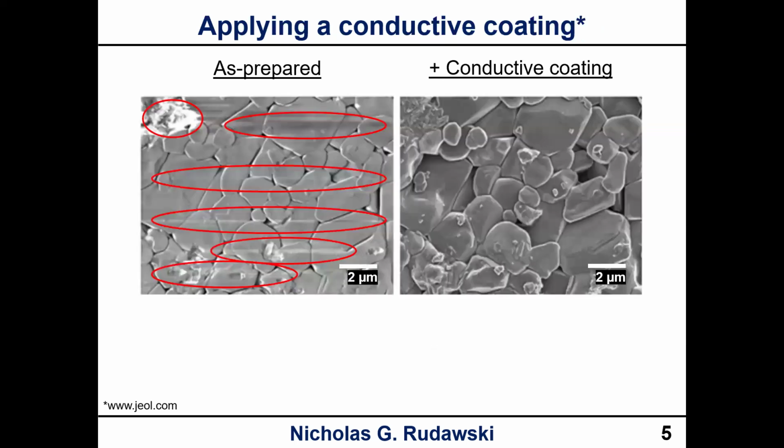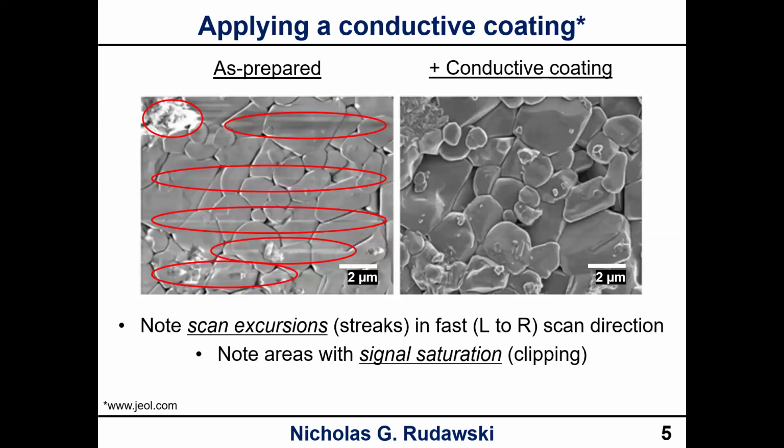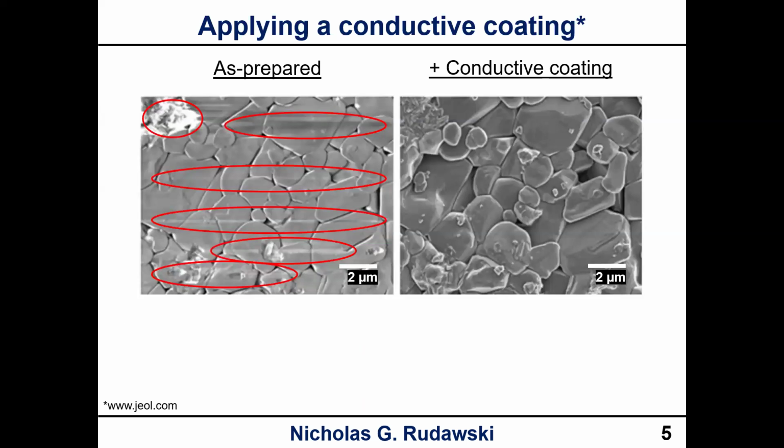So yeah, coating's there. If you look on the left here, in the case of an as prepared sample that doesn't have any conductive coating, the ellipses indicated in red are where we have what are called scan excursions to the beam.